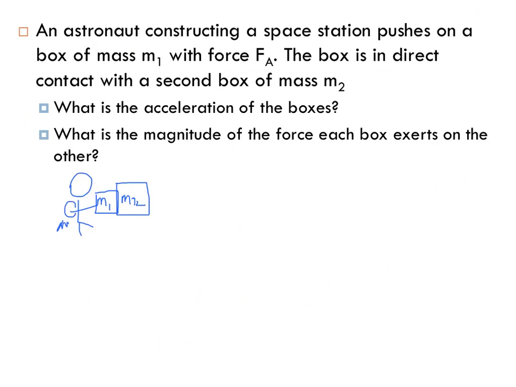Okay. So, I'm going to draw a free body diagram for my first object, which is mass 1. So on mass 1, I have a force being applied, and the force of mass 2 also acting on it. So this is mass 2 acting on 1. If I were to draw a free body diagram for the second object, the only thing in contact, or the only thing applying a force, is the force of object 1 on object 2.